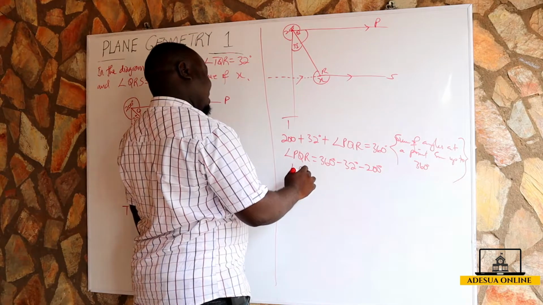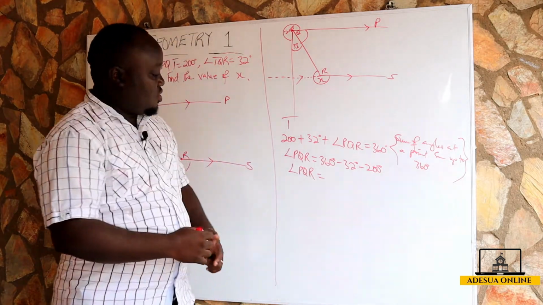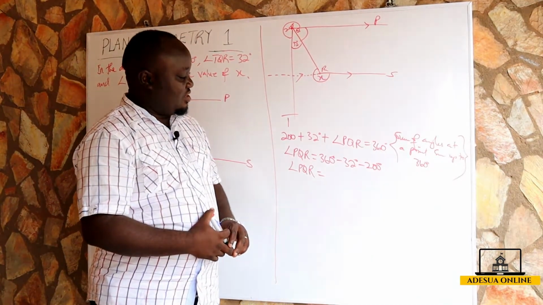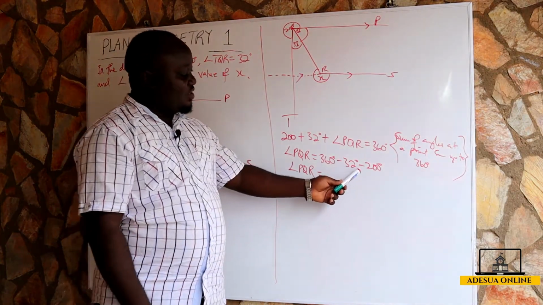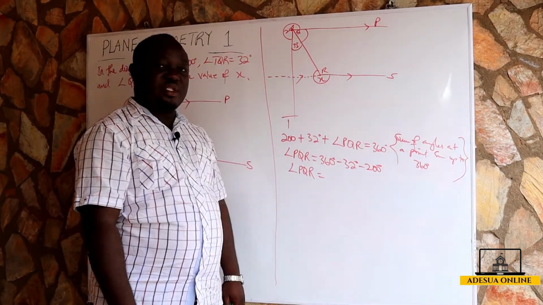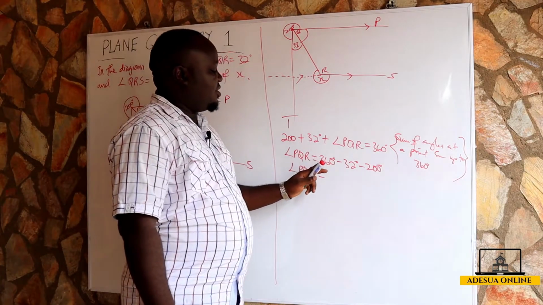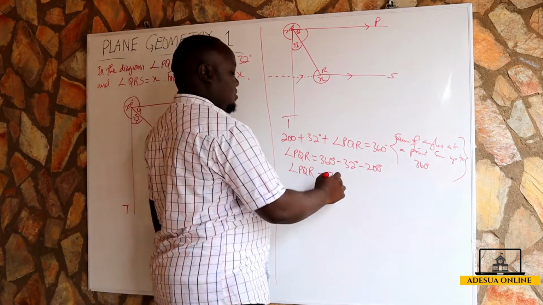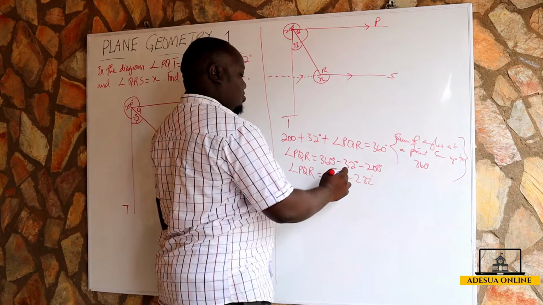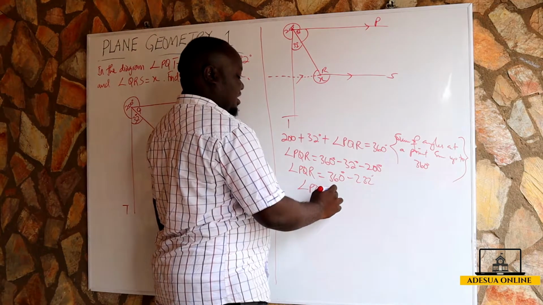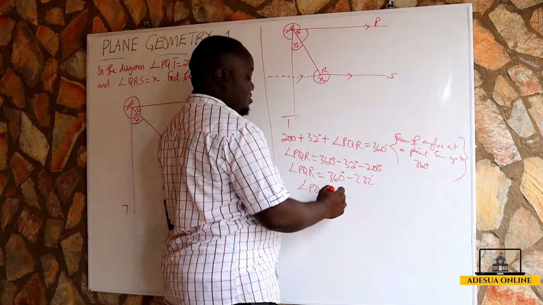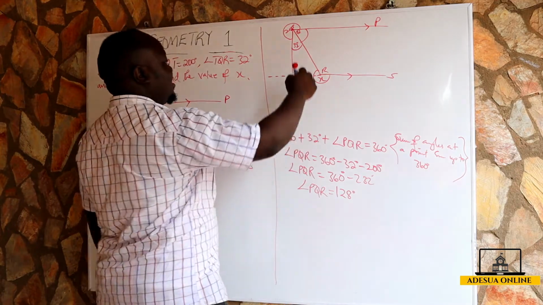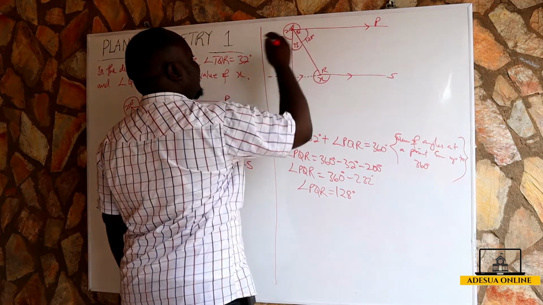So when we subtract all that from 360, this will be 232, 360 minus 232. We have angle PQR to be equal to 360 minus 32 minus 200, which becomes 360 minus 232, which becomes 128 degrees. So this angle is now 128 degrees.